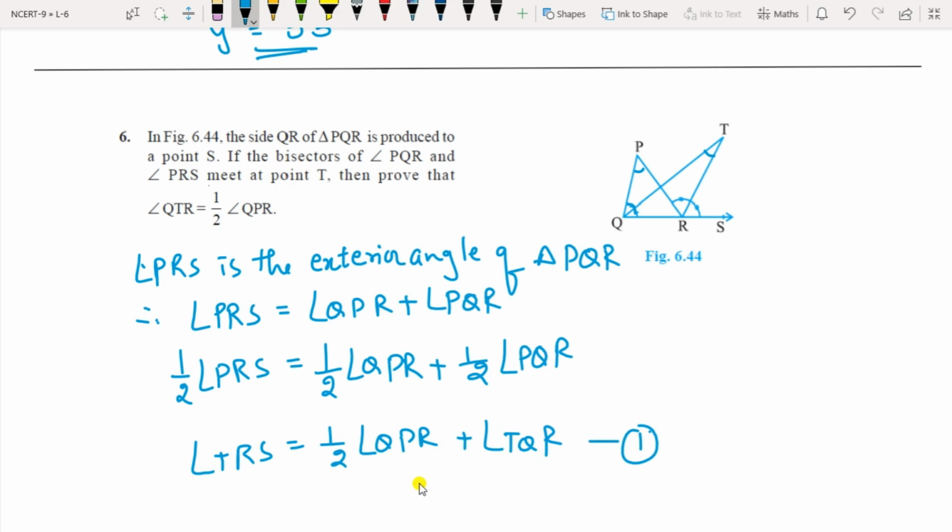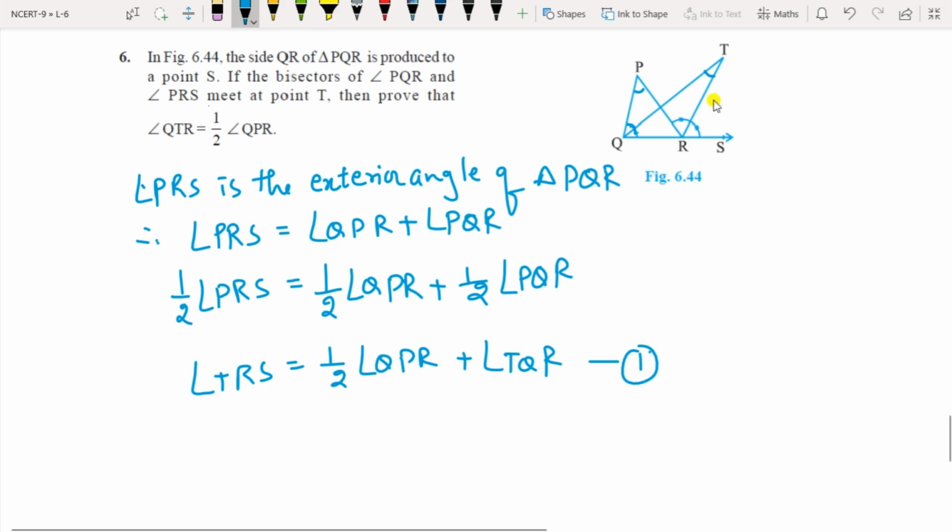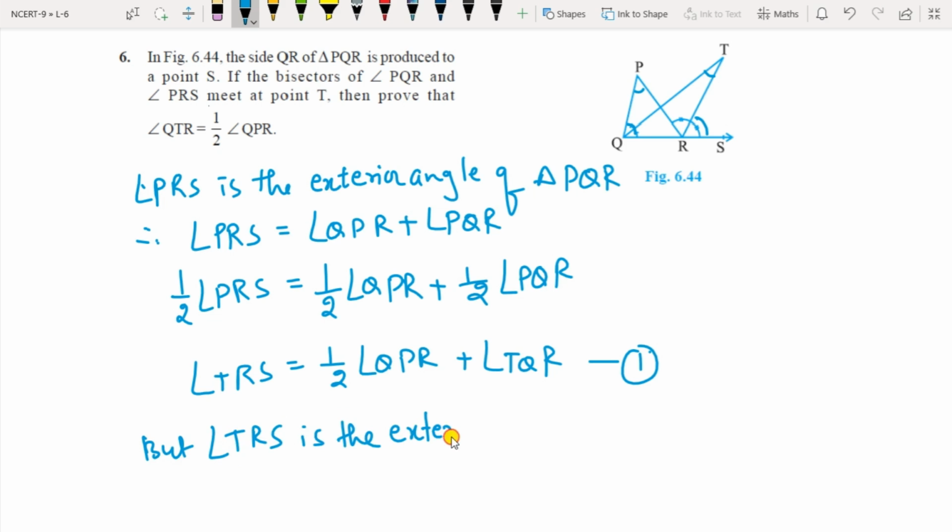Now TRS is also an exterior angle for triangle QRT. Now you have to write here that angle TRS is the exterior angle of triangle QTR.